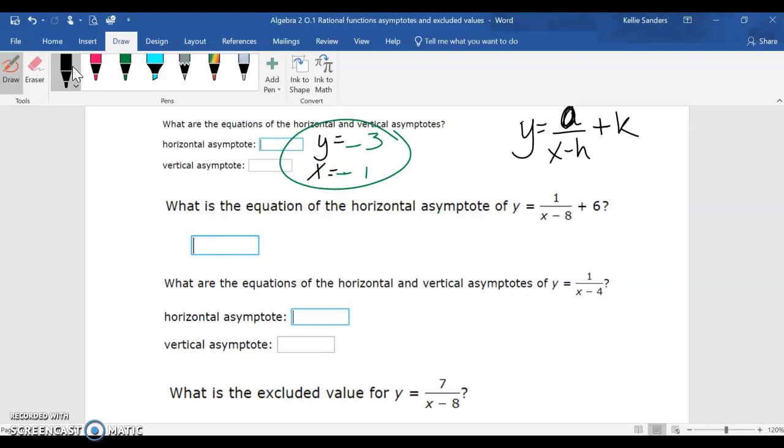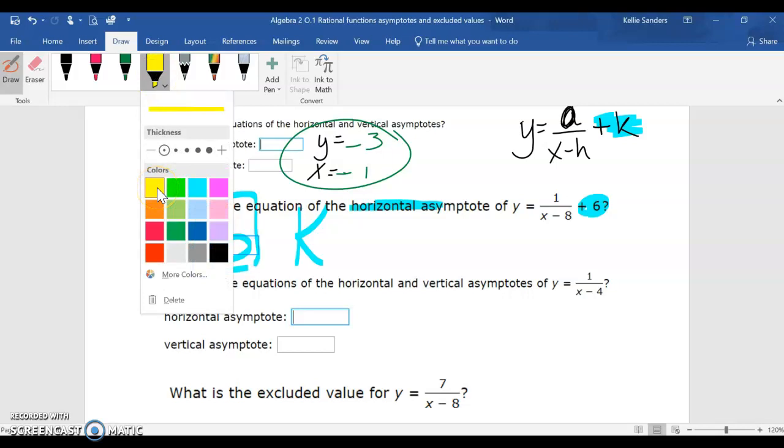On these types of questions, the horizontal asymptote is going to be your k. It is whatever your k is, to the outside of that fraction. You're not going to change the sign or do anything, you're just going to look at it. And right there, our k is 6. So our answer would be 6.